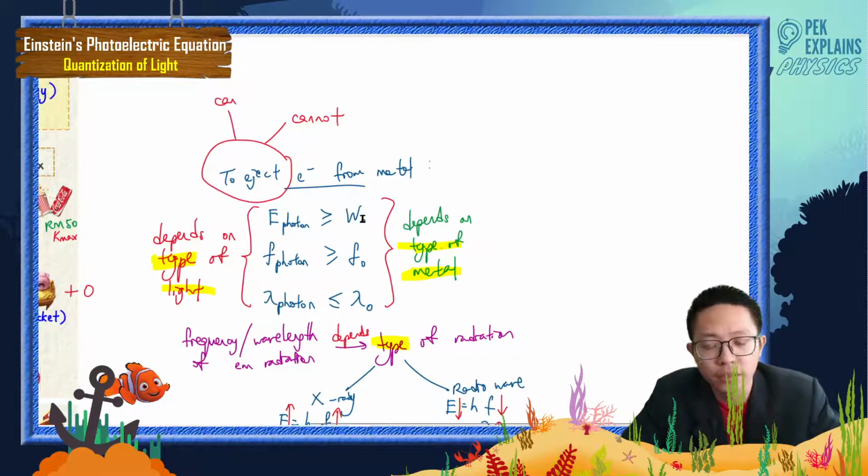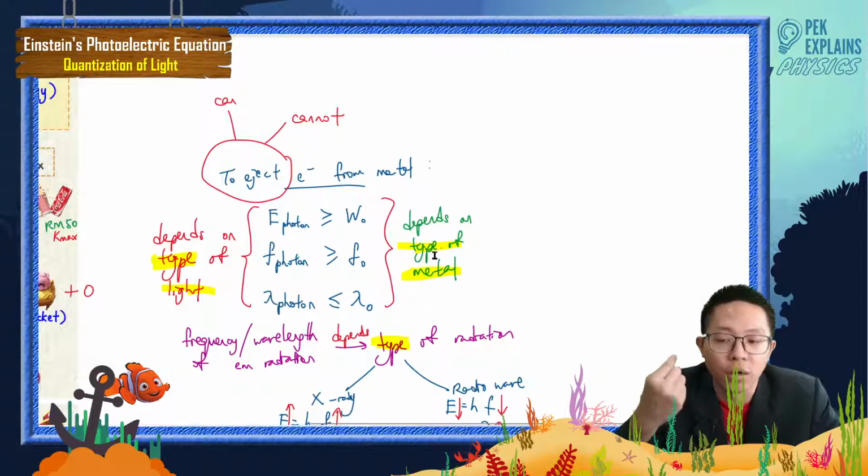When we talk about different threshold, work function, threshold frequency, threshold wavelength, we are talking about different types of metal. So whether the metal can eject electrons depends on the type of light. You must use the correct type of light and the correct type of metal.